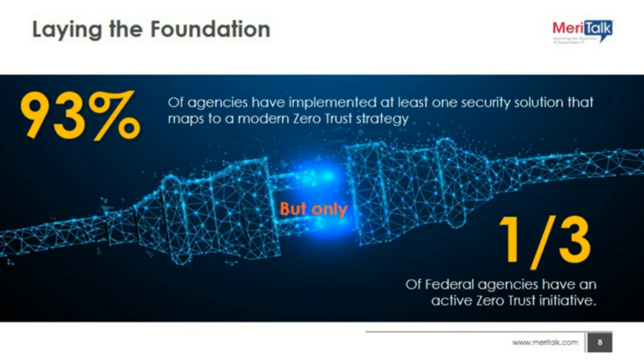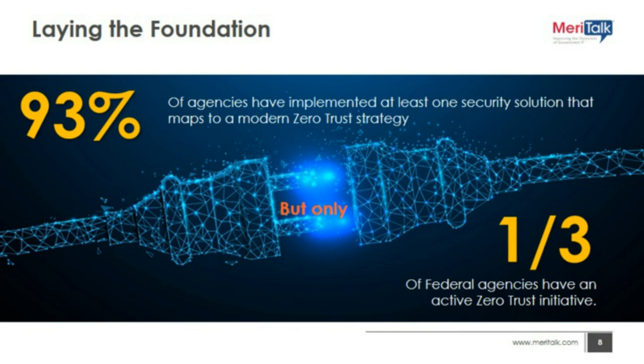Even with some of the other initiatives and efforts that agencies are going through right now, they may not realize that those are all contributing pieces to that umbrella that Scott described for a holistic zero trust strategy.